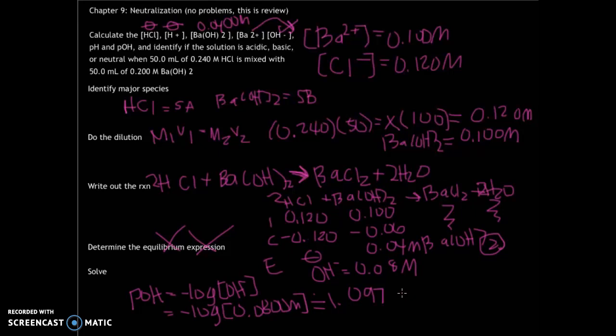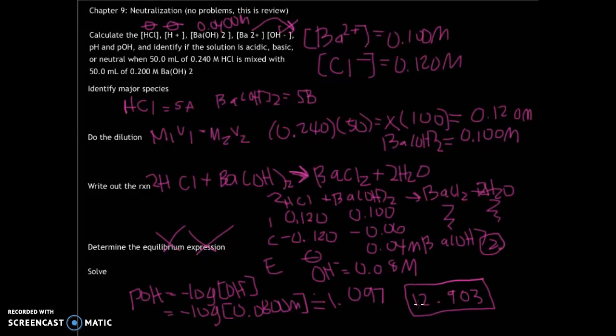Okay, and then it's easy to get the pH now because pH plus POH is 14. So 14 minus this number is 12.903. This is 3 sig figs for pH.